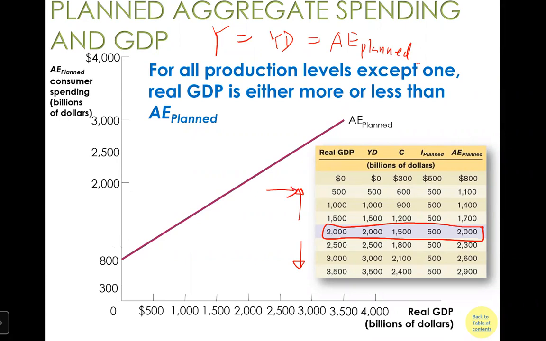So if we are in the second row, what does this mean? This means we expect the real GDP to be 500. So the income will be 500, because GDP equals income. Now with 500 billion of income, the consumption function tells us the households are going to spend 600.